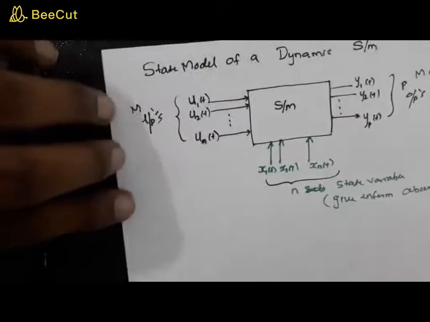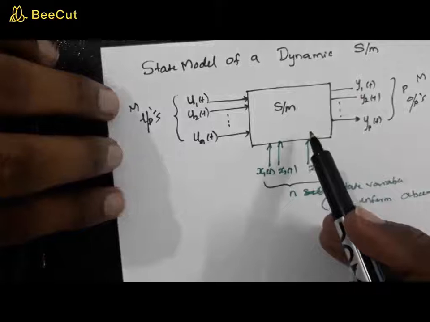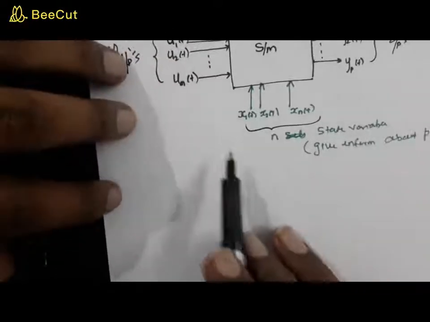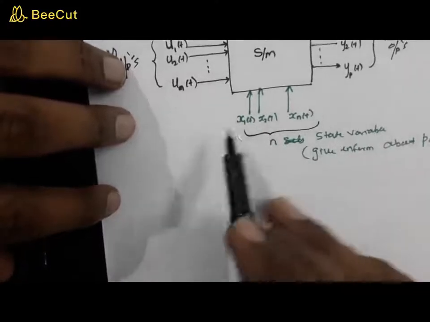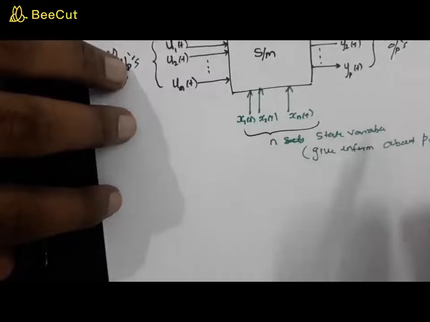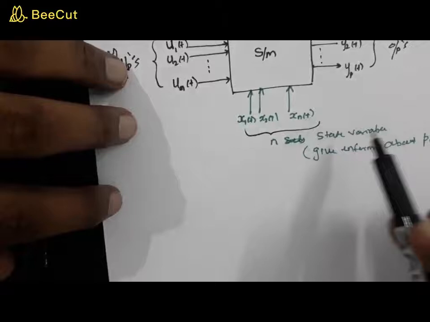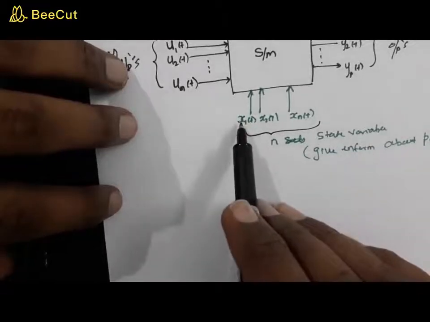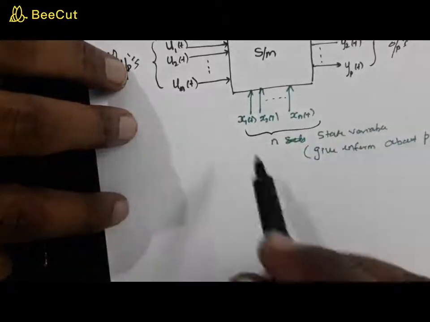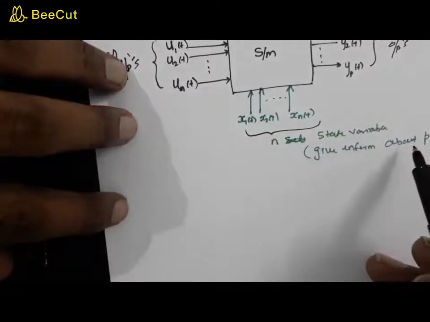So I'm going to recollect again. You have considered a dynamic system with m inputs, from u1 to um, and you have state variables which determine the history of the system, similar to inductor current and capacitor voltage in an electrical system. So you have n state variables, which give you the information of the past.